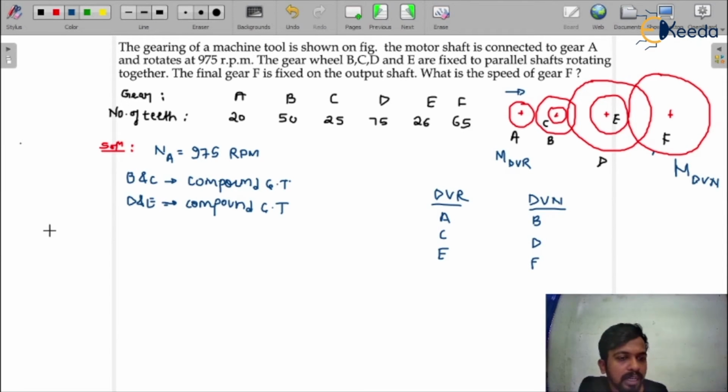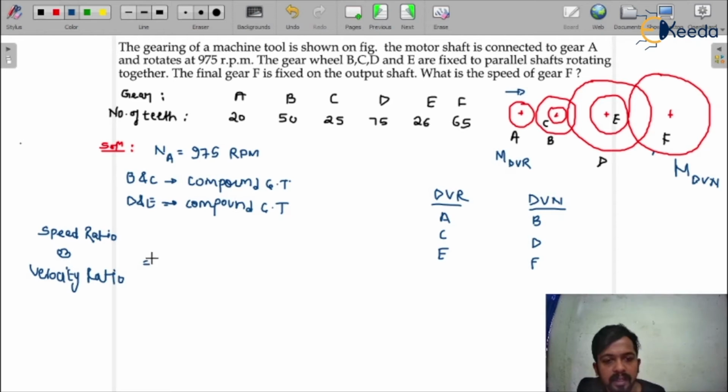We all know what the speed ratio or velocity ratio is; we studied it in the first topic of gear trains. It is the speed of driver, that is NA, upon the speed of driven.